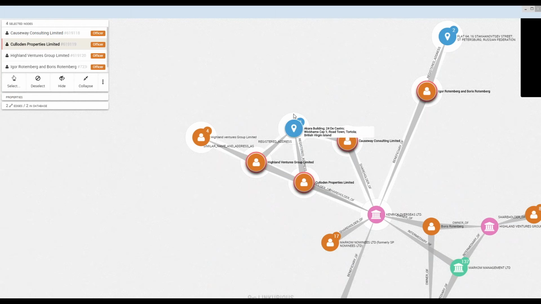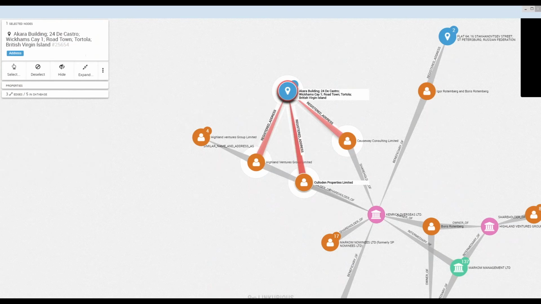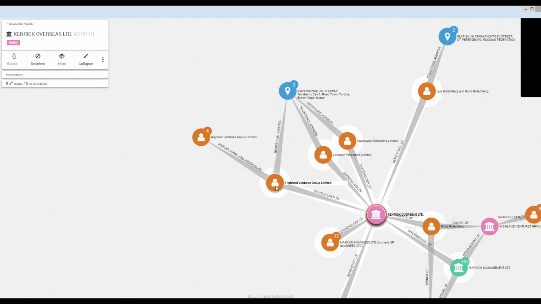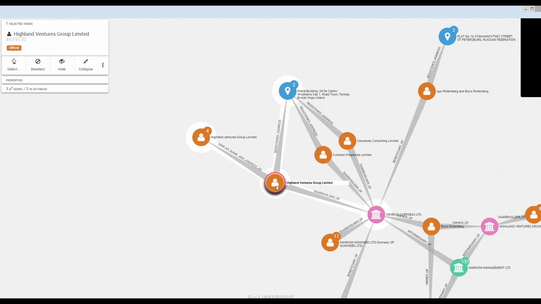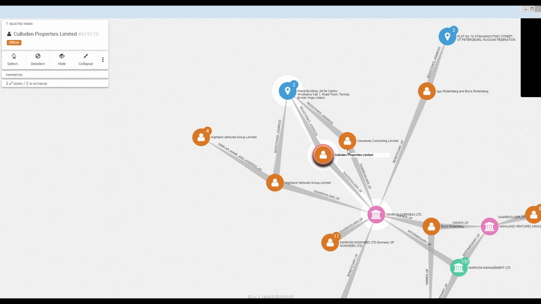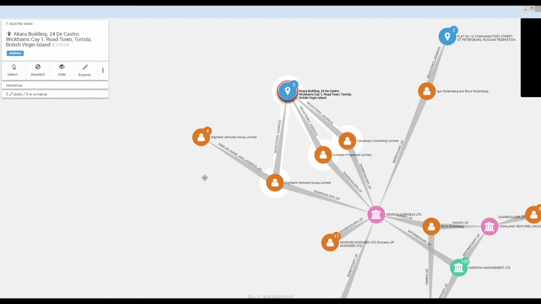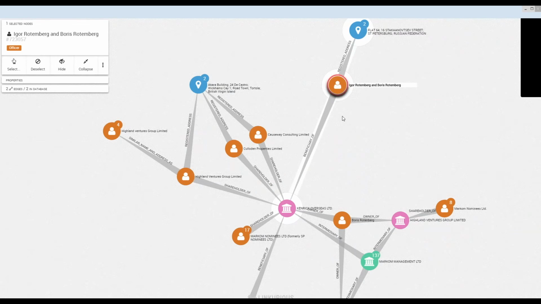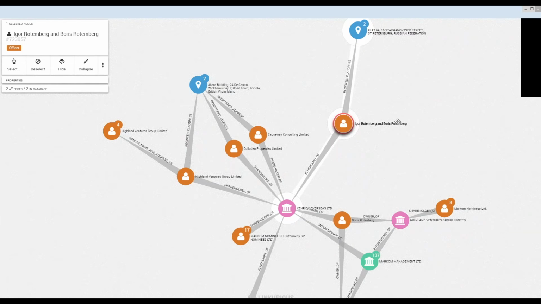So here we have found a common address linked to some of the shareholders of Canaric Overseas Limited. So it sounds like Island Ventures Group Limited, Culloden Properties Limited, and Causeway Consulting Limited are all connected to this address here. Okay. And here we have found another officer, which is Igor Rotenberg and Boris Rotenberg.